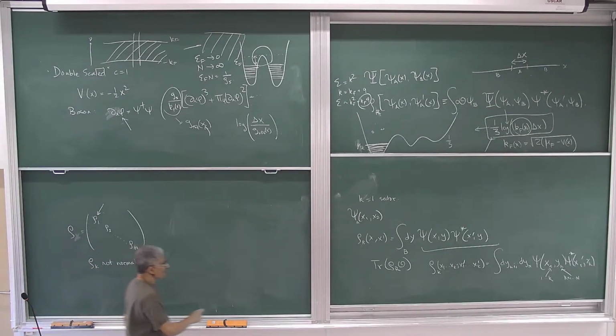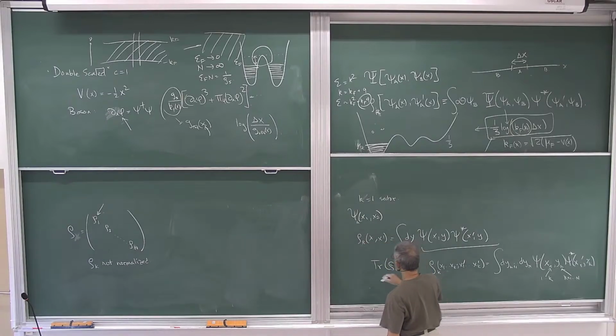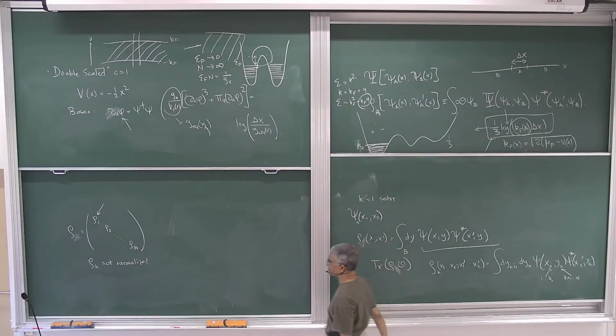In fact, from that formula, I can calculate, let me remove the index R here. Always reduced density matrices.